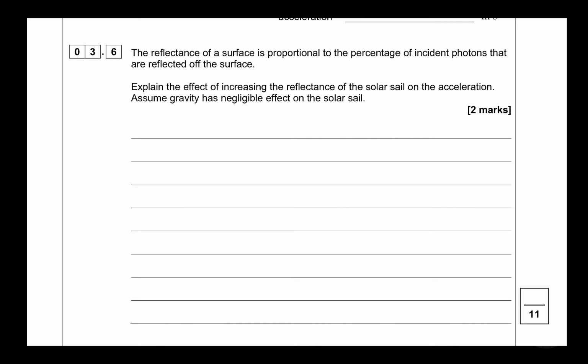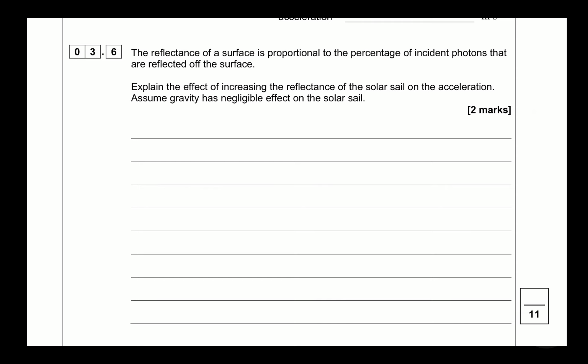So, if you have zero reflectance, then you're absorbing the photon, which means that the change in momentum is whatever the momentum of the photon is. If you have 100% reflectance, so perfect reflectance, you are actually going to accelerate twice as fast as if you had 0% reflection.